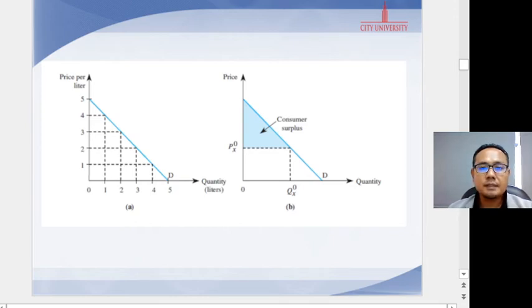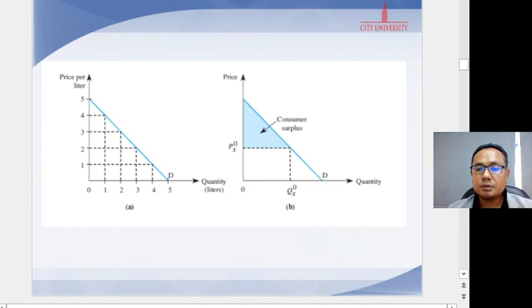Fortunately, you don't have to pay different prices for the different drops of water you consume. Instead you face a per-unit price of, say, $3 per liter and get to buy as many drops or even liters as you want at that price. Given the demand curve in graph A, when the price is $3, you will choose to purchase 2 liters of water.